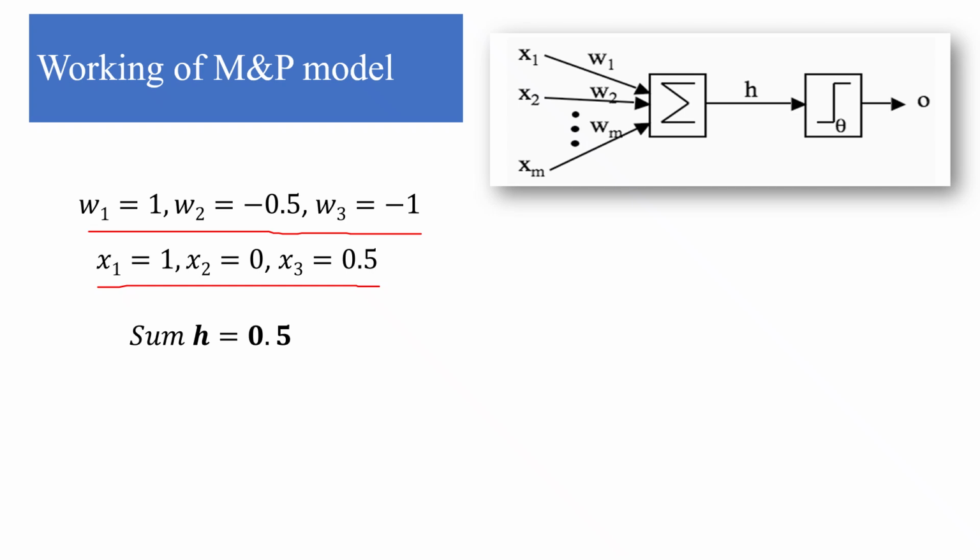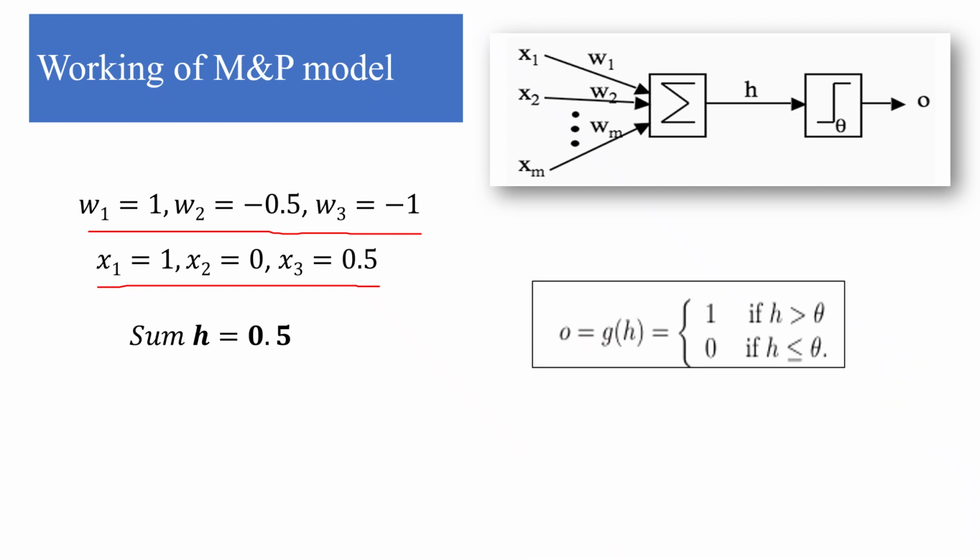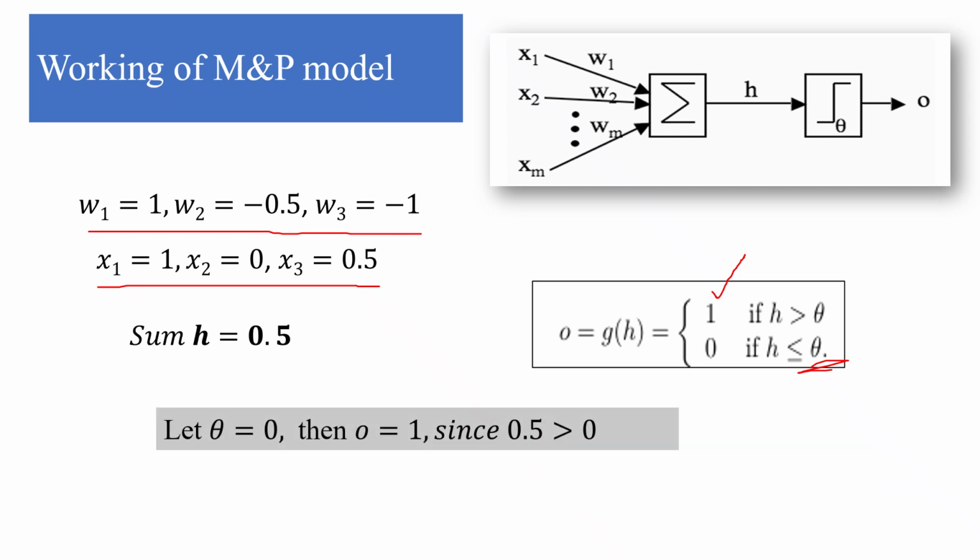Now we have this output function which fires, or gives an output of 1, if h is greater than theta, otherwise it gives a 0. Also, this theta is for us to choose. So suppose we say theta is 0, then what is our output? It is 1.